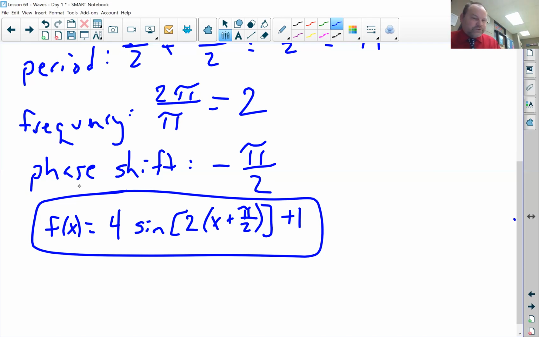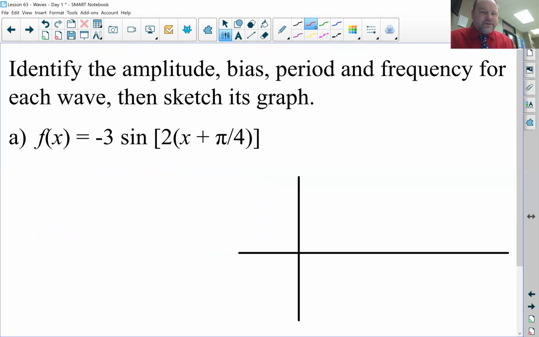And again, very helpful to find those bits of information. The other thing you're going to do today is you're going to be given the equation and asked to find the different pieces and then draw the graph like this.